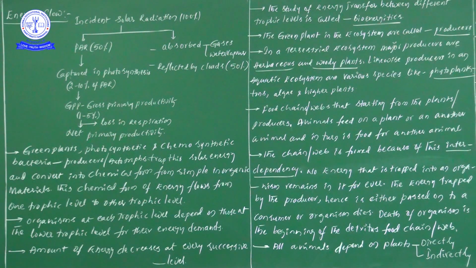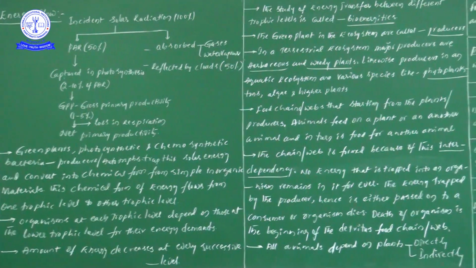So what is the point we can take here? All animals depend on the plants directly or indirectly for their food needs.